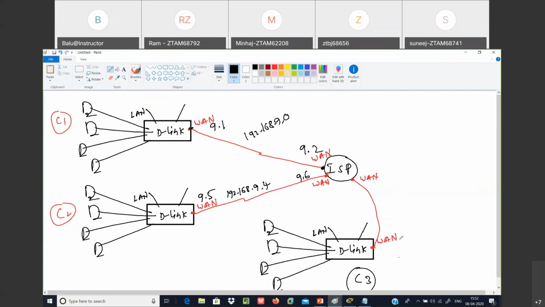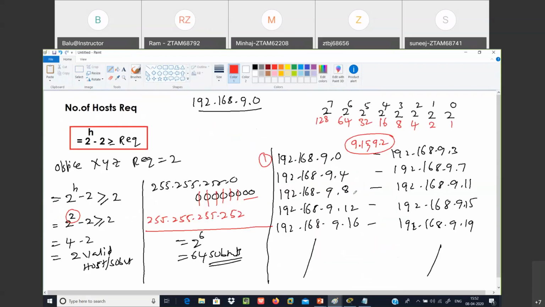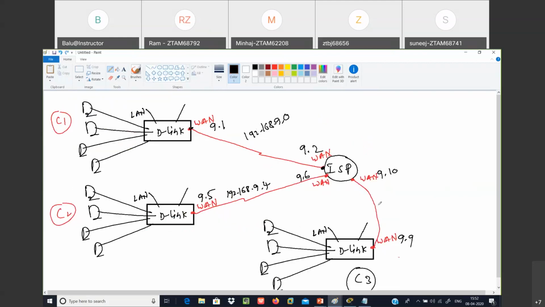Then you have to use 9.9 for the customer, 9.10 for the ISP. 9.9 and 9.10, two IPs. What is the network ID here? 192.168.9.8 is the network address. Like this, the service provider will provide IP addresses to customers. For all customers, what will be the subnet mask, guys, here?